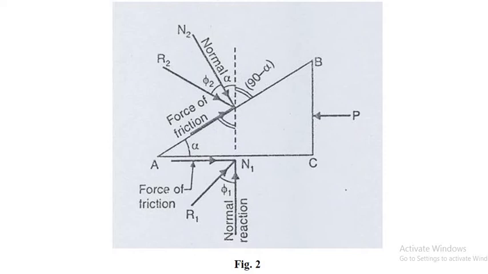So let's see what will be the components in the vertical and horizontal directions. This force P is acting in this direction, and this one will be acting in this direction.